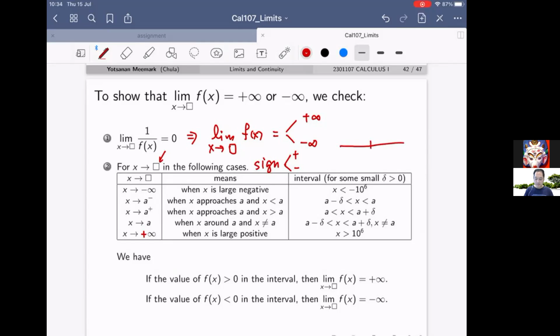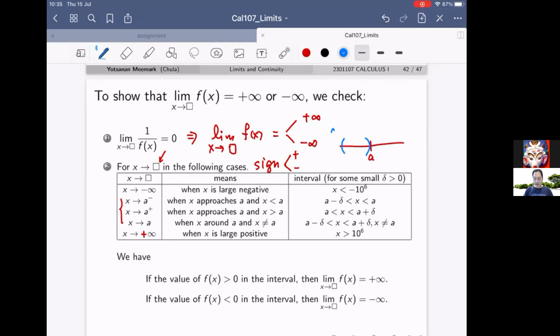For example, if your x goes to a, a real number a, from the left, it means that you need to check only the left hand side of a, pretty close to a.